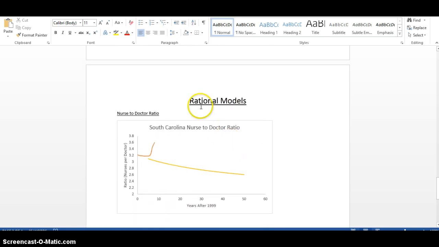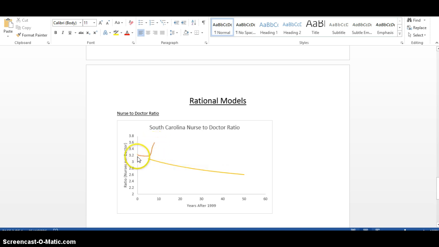Now we're going to move on to rational models. This graph is used to find the nurse to doctor ratio of South Carolina. As you can see, we found this first line right here. This is the first line we had to find, and right here is the second line we had to find.